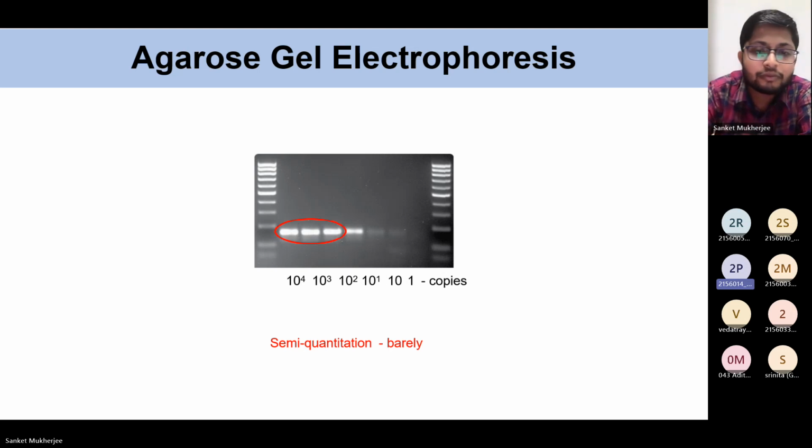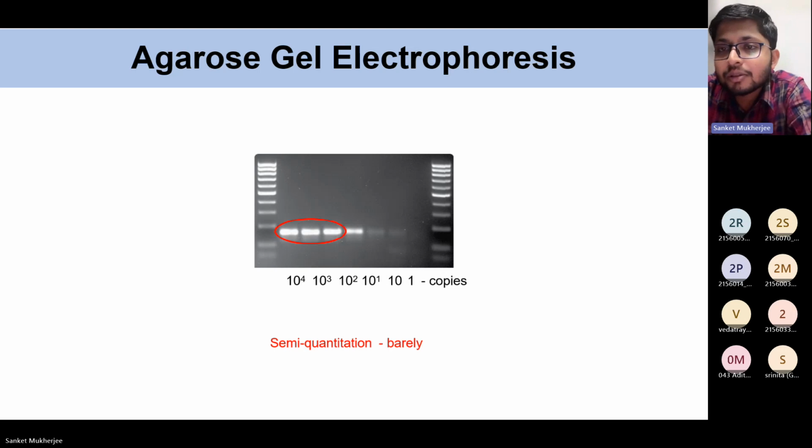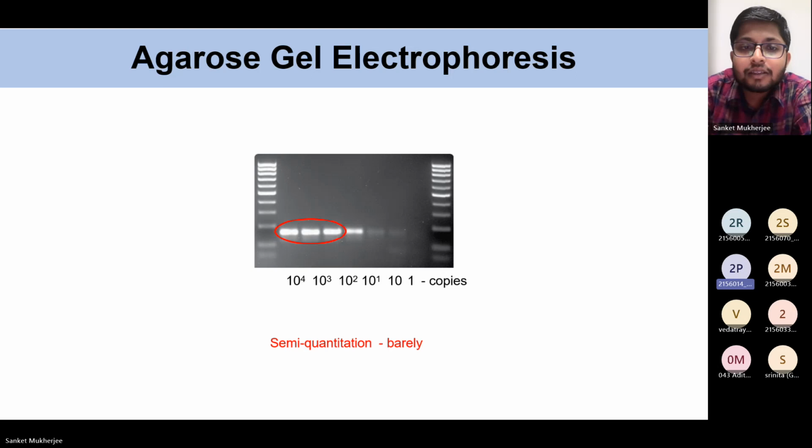Still we won't know the exact number. Why would we not know? We are comparing, suppose we have 10 to the power 10. I took 1% of this, so that would be 10 to the power 8.